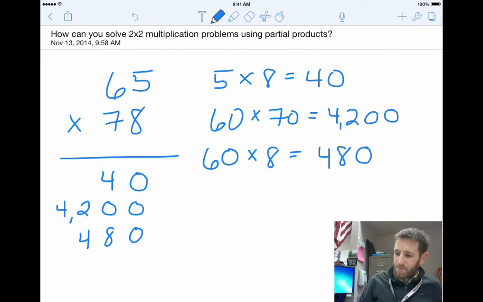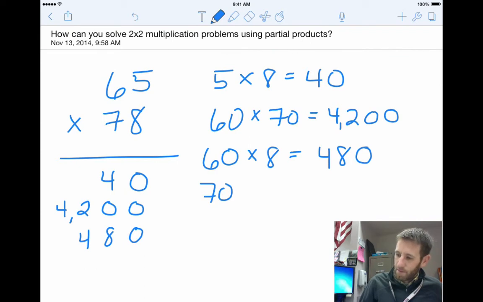But now, the last partial product, or how you're going to find the last partial product, will be to multiply the tens place down here, the 7, by the ones place, which is the 5. And I know that that 7 is worth 70.